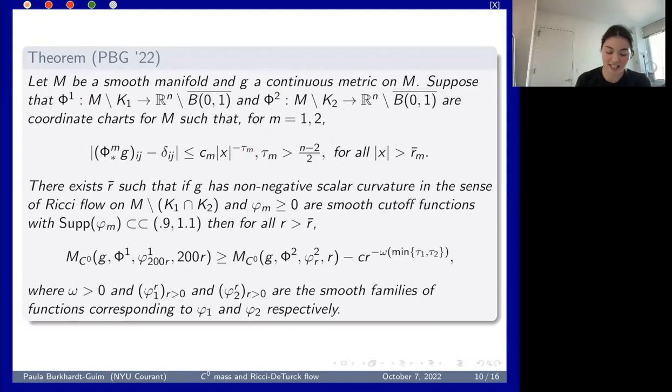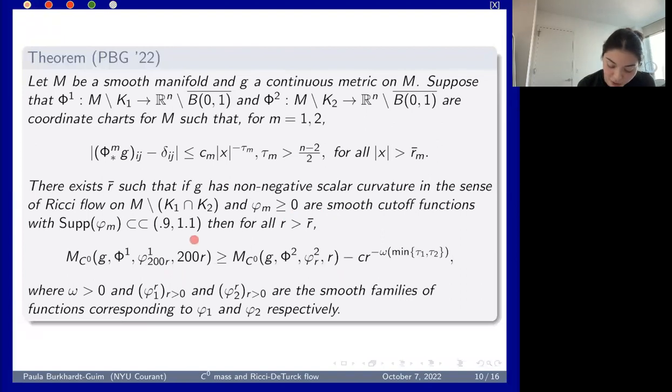Okay, and so then the conclusion is that there exists some scale bar R such that if g has non-negative scalar curvature in the sense of Ricci flow, basically on the domains of both of these coordinate charts, and you have two smooth cutoff functions with support compactly contained in (0.9, 1.1), then for all R larger than this scale bar R, we have the following comparison.